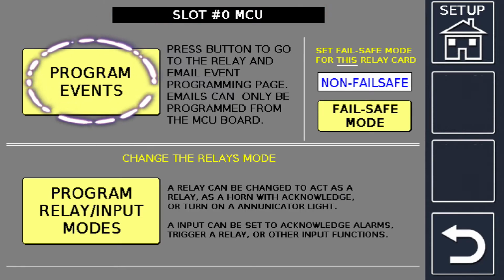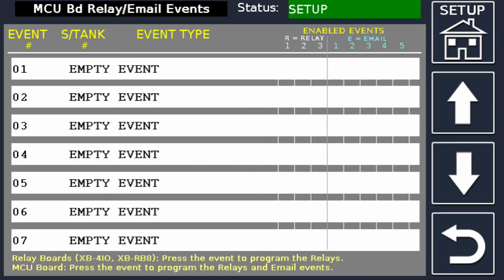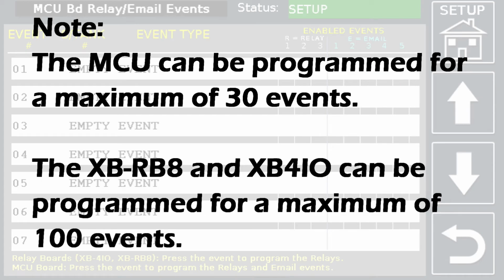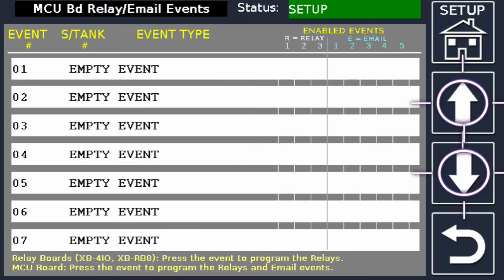Pressing the Program Events button will bring you to the following page. This screen lists all the currently programmed or empty events. Please note, the MCU can be programmed for a maximum of 30 events. The XBRB8 and XB4IO can be programmed for a maximum of 100 events. Use the up and down arrows to show the next set of events.